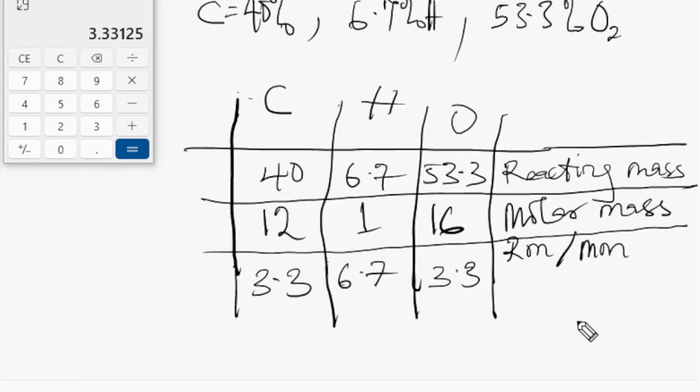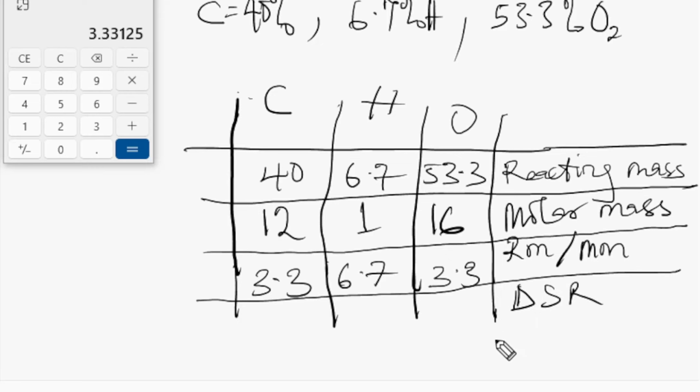So we'll divide by the smallest ratio. Let's go ahead and demarcate this as well. So we divide here by the smallest ratio. We know that the smallest here is 3.3. So when we divide this by 3.3, we'll have 1.